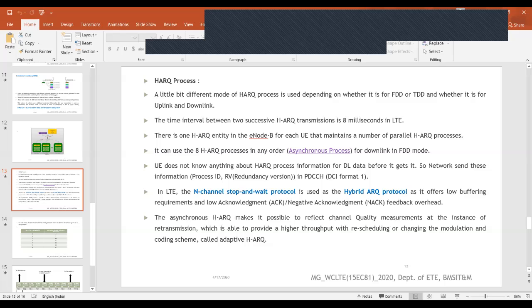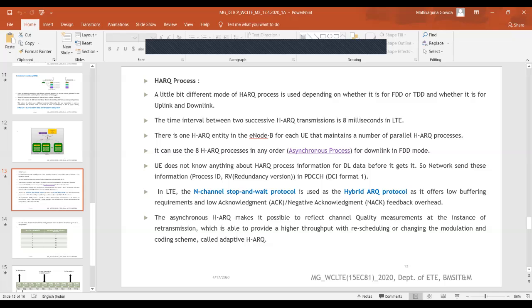And we use asynchronous hybrid ARQ protocol for this FDD downlink transmission. Means after 8 hybrid ARQ processes, the receiver can send the acknowledgement to the transmitter side.